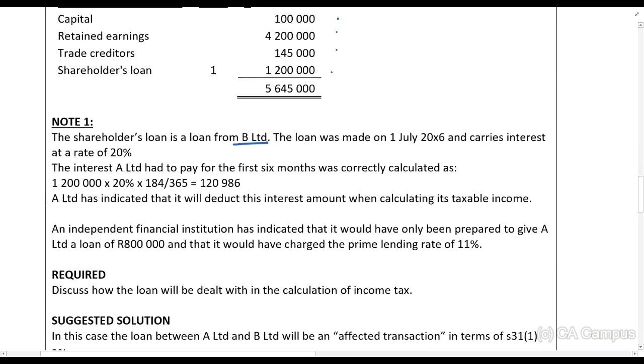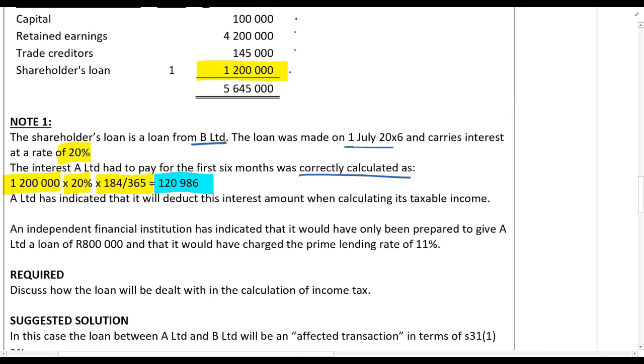The loan was made on the 1st of July 2026 and carries interest at a rate of 20%. The interest A Limited had to pay for the first 6 months was correctly calculated as 1.2 million, the amount of the loan, times 20%, the interest rate, times 184, half the year, over 365. So they've calculated that they owe B Limited interest of 120,986.